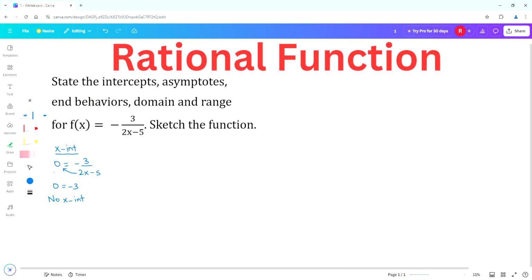Now we can find the y-intercept. For y-intercept, we should sub in x as 0 in the given function equation.